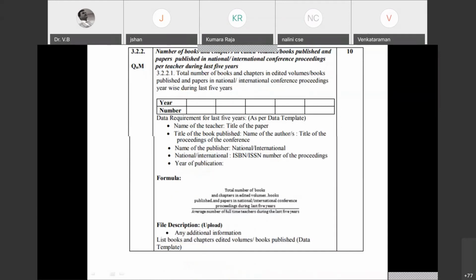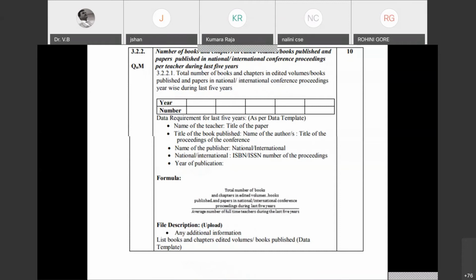Next is number of books and chapters published in national international conferences. Here again, we can include only those chapters or those books of which the author was a teacher of the institution at the time of publication.